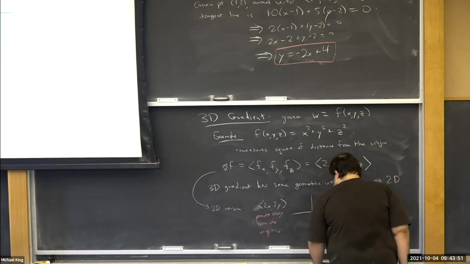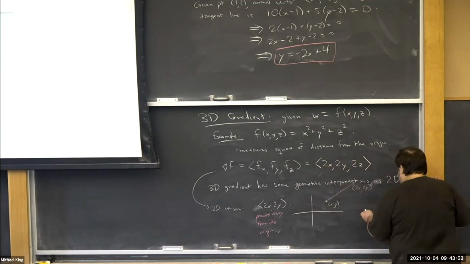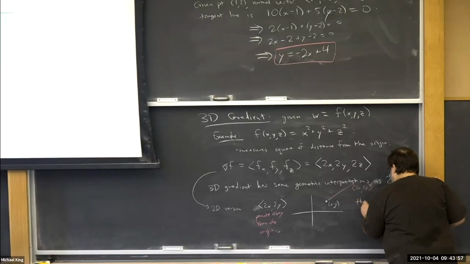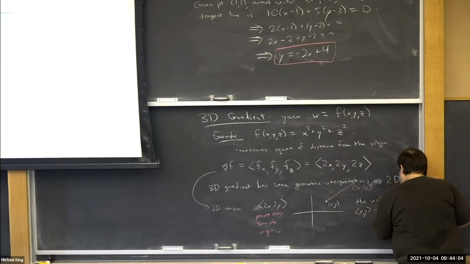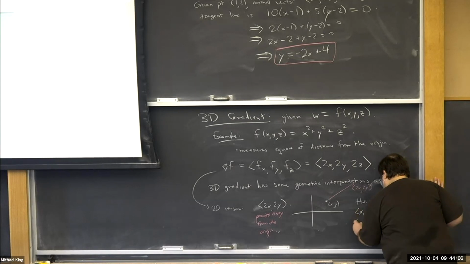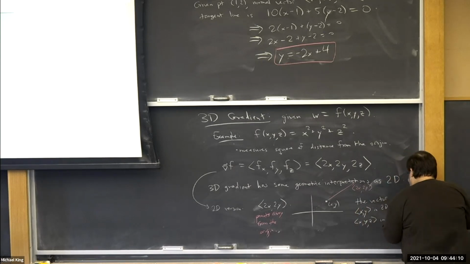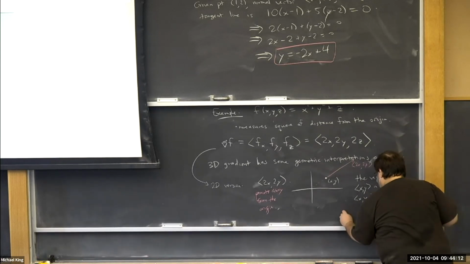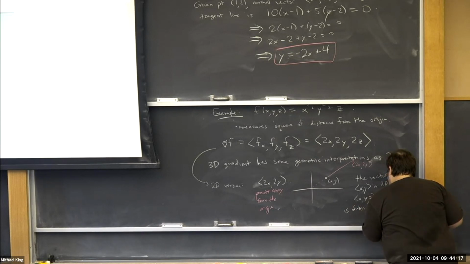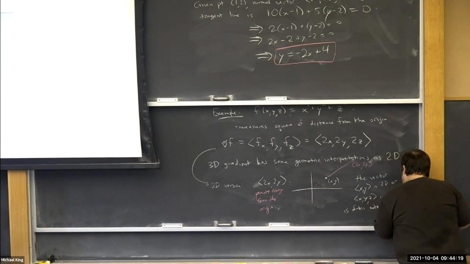Right, and this actually has a special name. Sometimes the vector x comma y in 2D, or x comma y comma z in 3D, is often notated as the vector r.